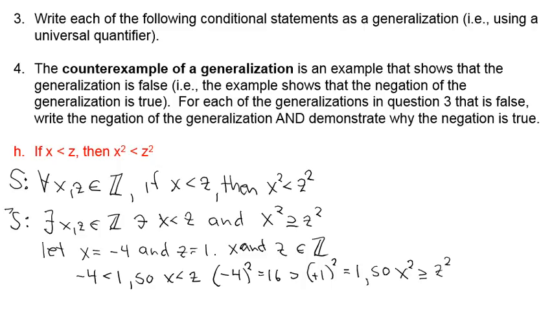So, since we found x and z that are integers where x is less than z and x squared is greater than z squared, that says that the negation is true and the original statement is false. Our counterexample, x is negative 4 and z is positive 1. That constitutes our counterexample. The explanation here says this is why the counterexample works.